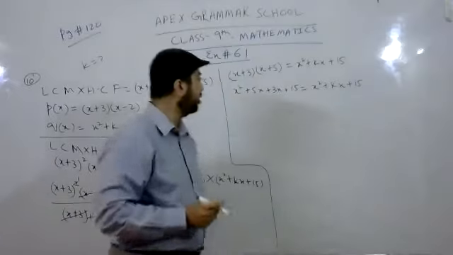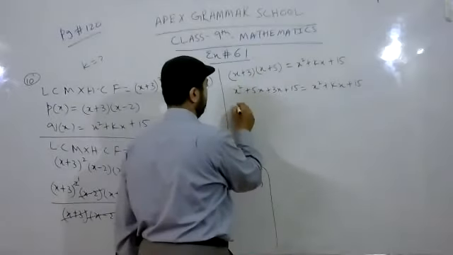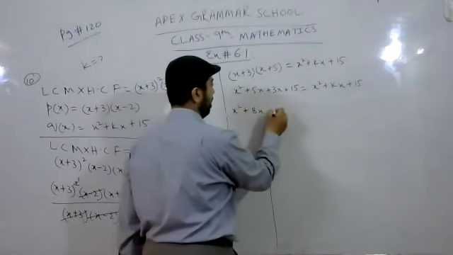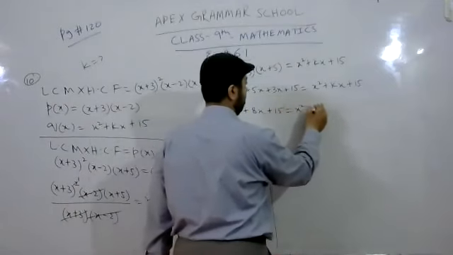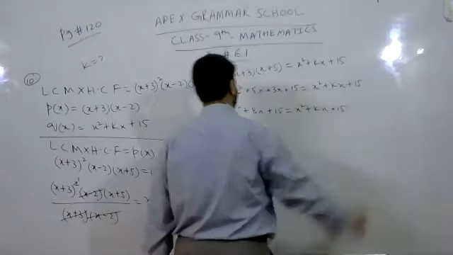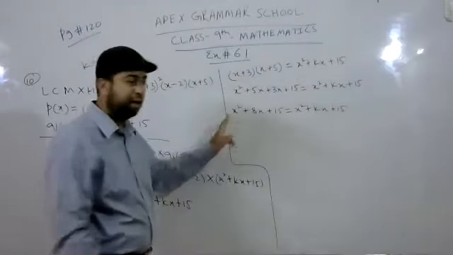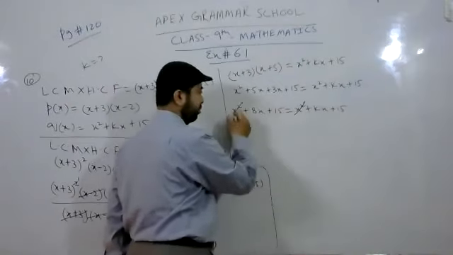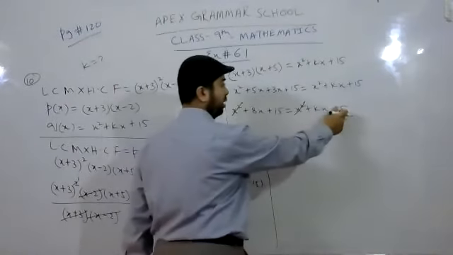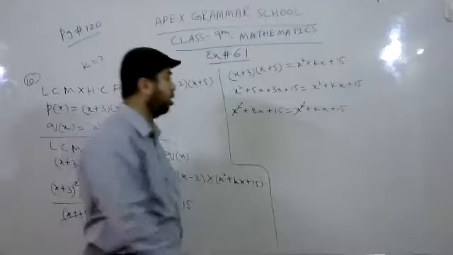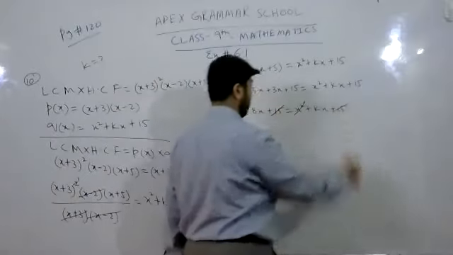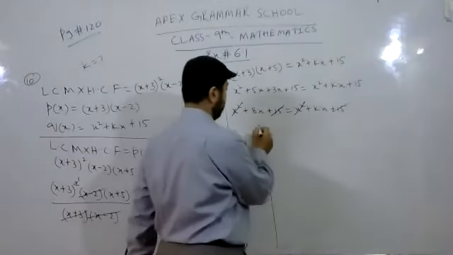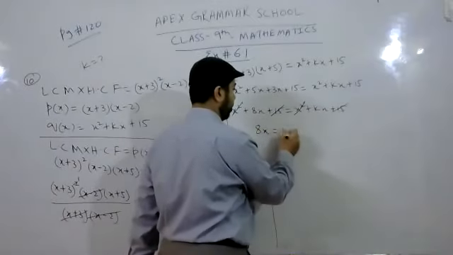So this is x square, 5x plus 3x makes 8x, plus 15, is equal to x square plus kx plus 15. Now this x square, and on the other side of this equality there is also x square, you can cancel them. This is 15 and on the other side that is also 15, you can also cancel them. So you are left with only 8x here and kx here.